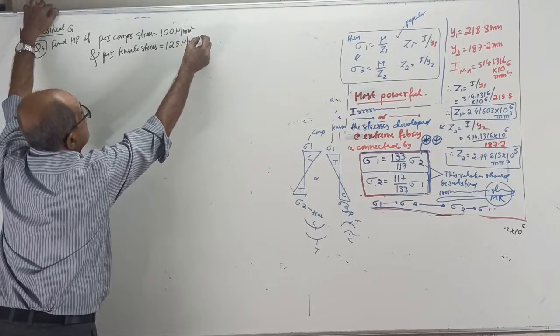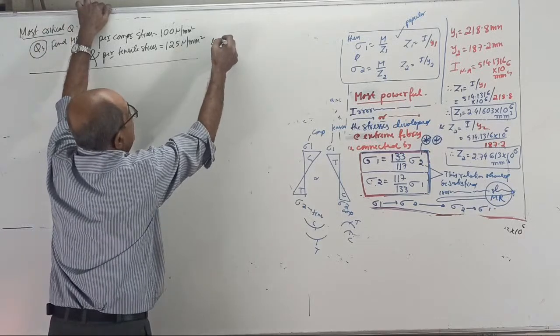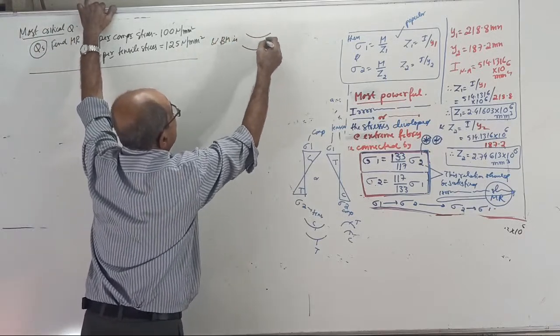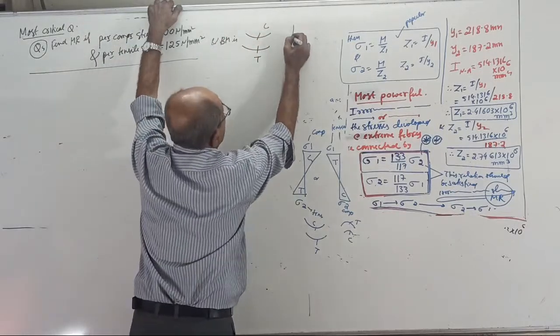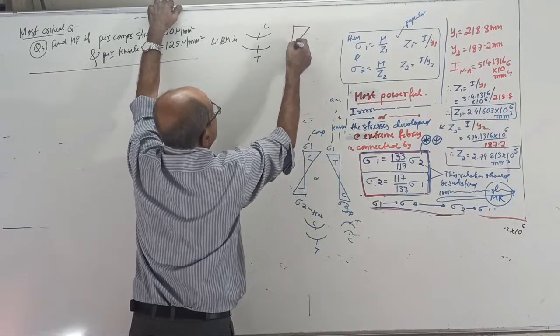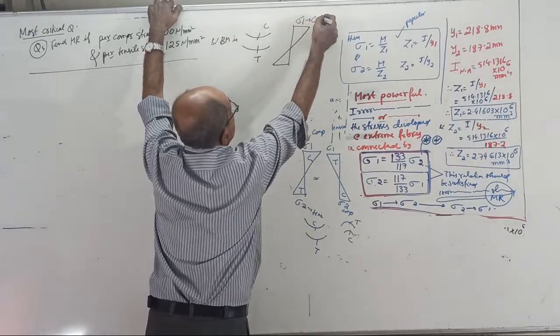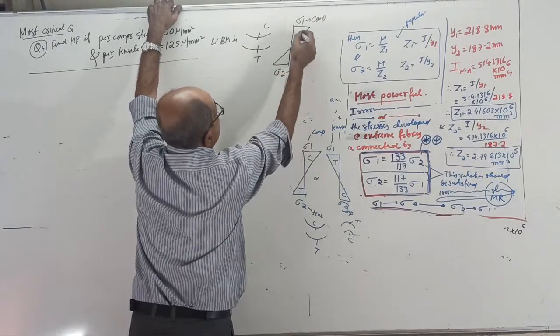This is question number 5, and BM is sagging, very important. So top compression, bottom tension. So your stress diagram will be like this: sigma 1 compression, sigma 2 tension.